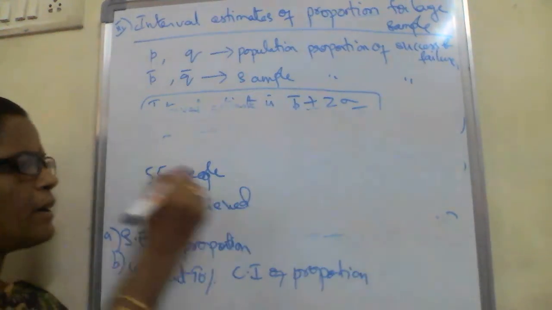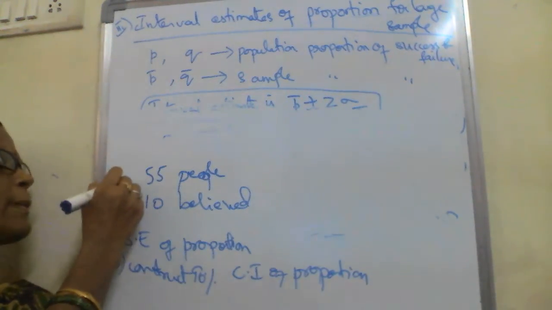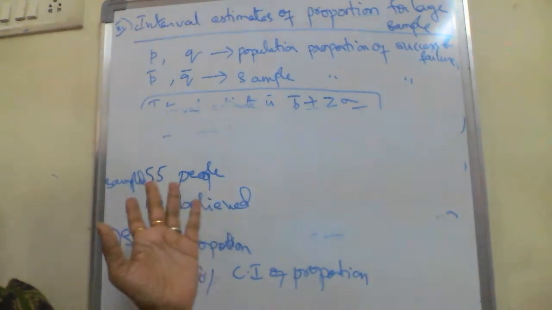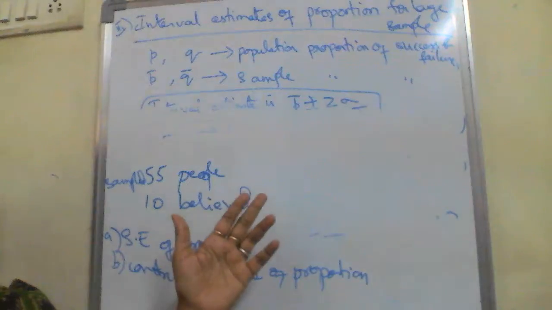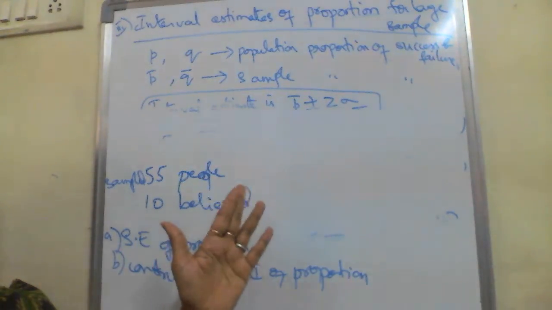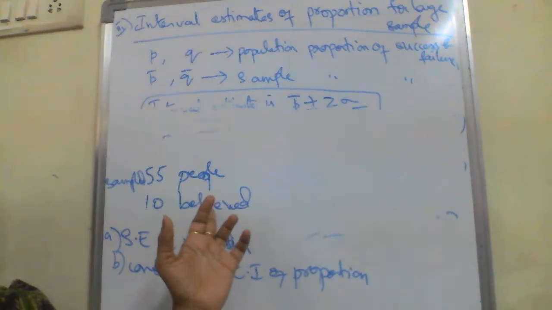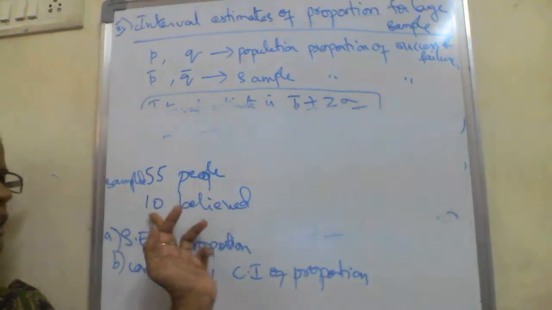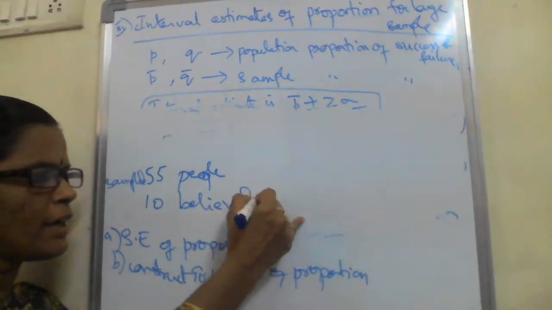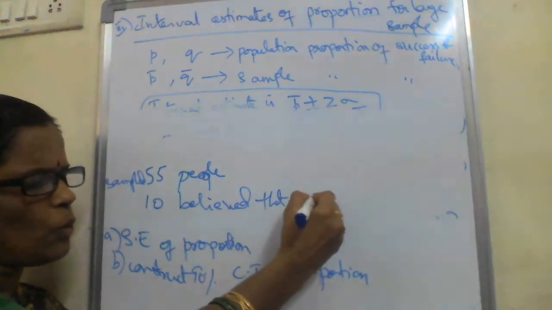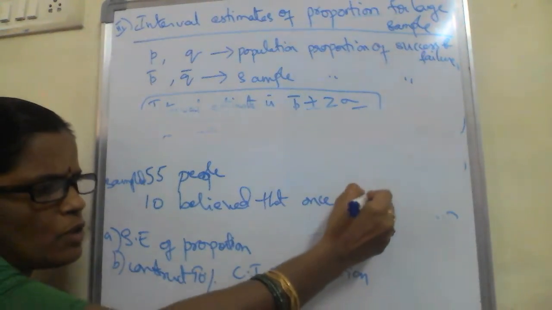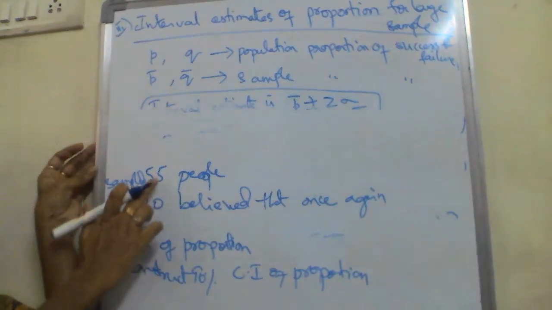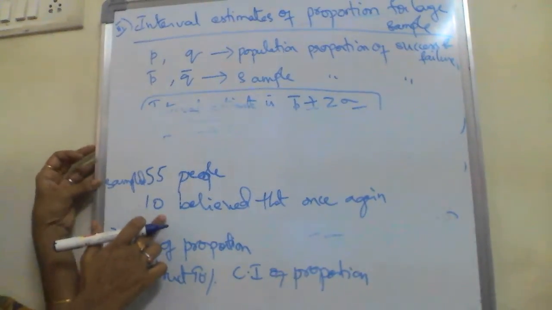They have sampled 55 people, asking whether they can see the picture once again. Only 10 out of 55 believed that the picture can be seen once again. So this is the sample, and from the sample 10 of them believed.